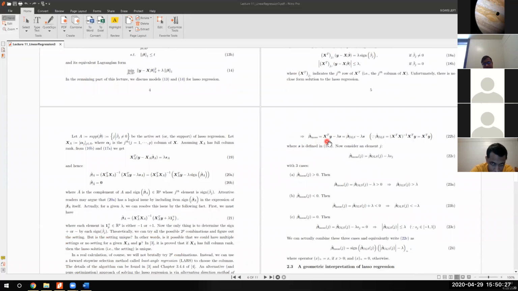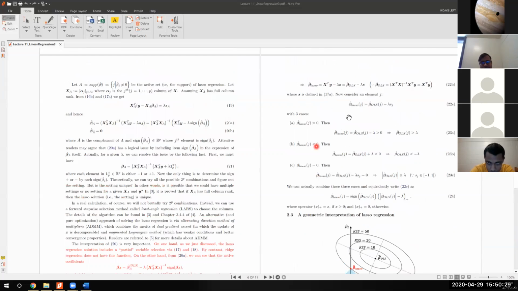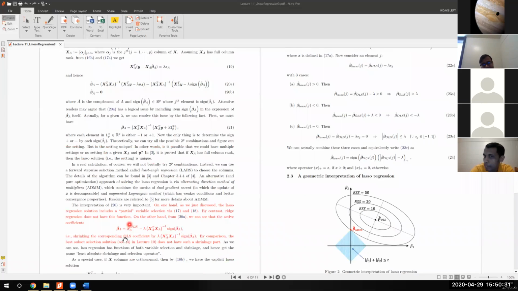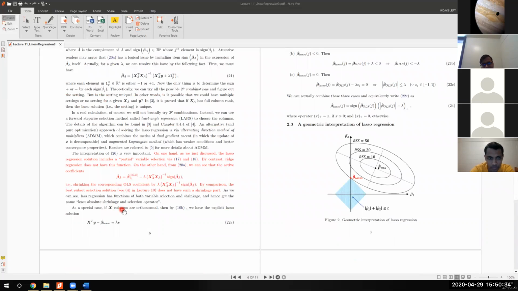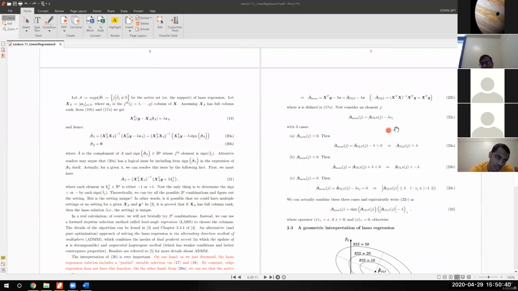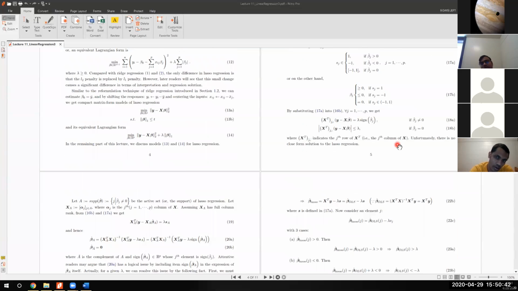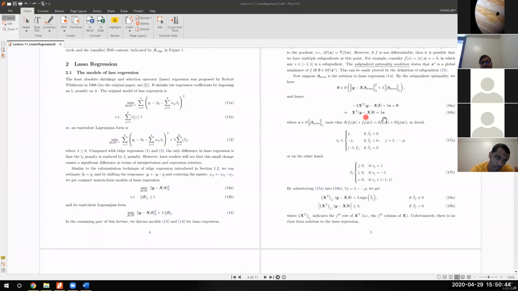The beta Lasso equals this. Why? Because X has orthonormal columns, so that I have X transpose X equal to I. So for example, you have a look at this 18b here. What do you see?